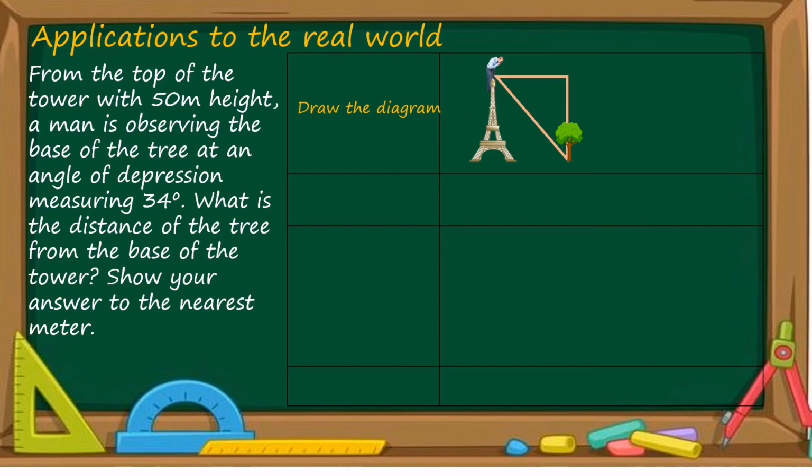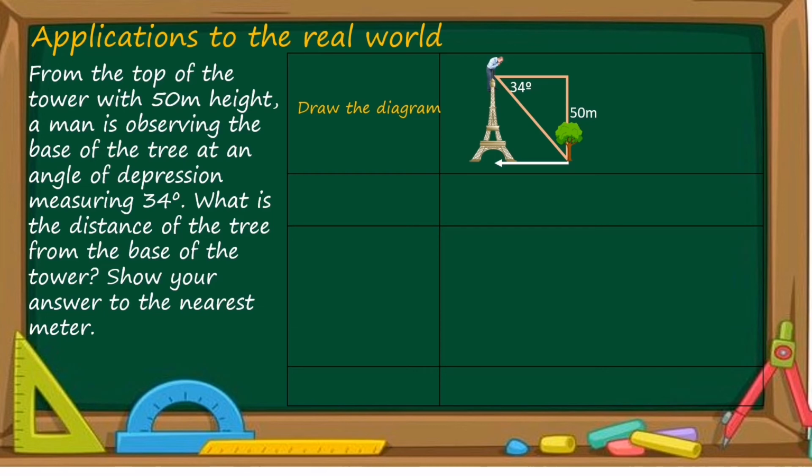The height of the tower is 50 meters. This tower is parallel to one of the legs of the right triangle on the other side. So that is 50 meters. The angle of depression is 34 degrees. And we're looking for the distance of the tree to the base of the tower.